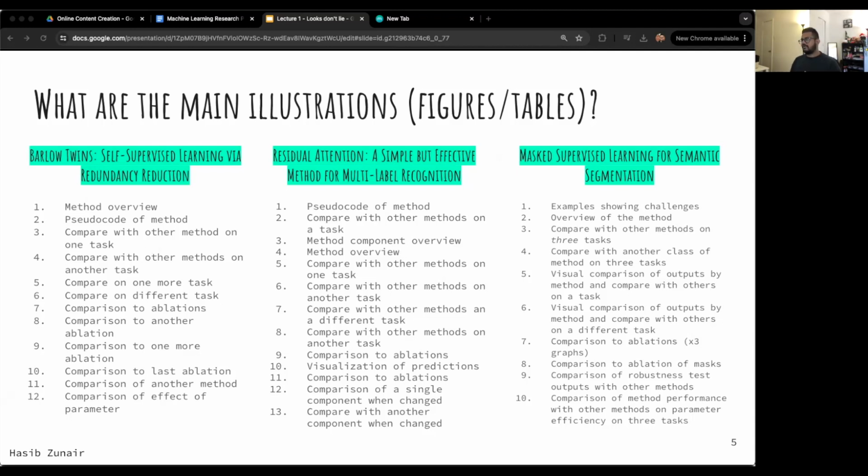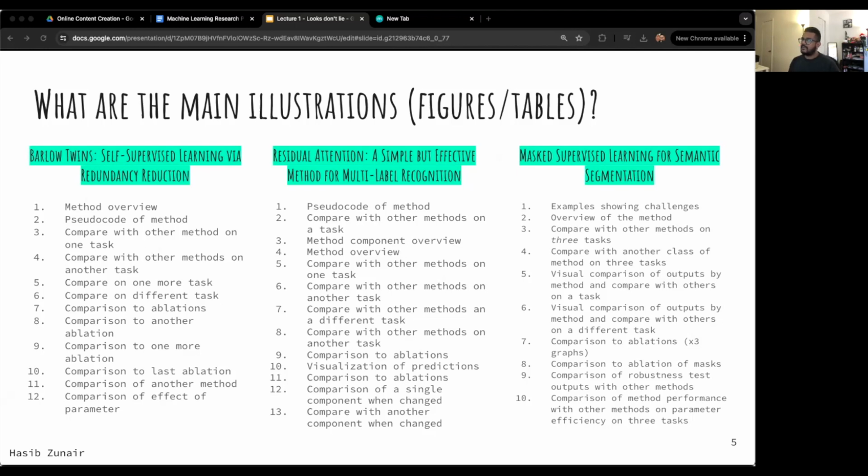And they also add another comparison with other methods on another task. They also show the comparison of ablations with a few different tasks, and they end with a comparison of the effect of parameters. So these captions or points that I've written here are actually in the main paper itself in the form of a figure or a table.